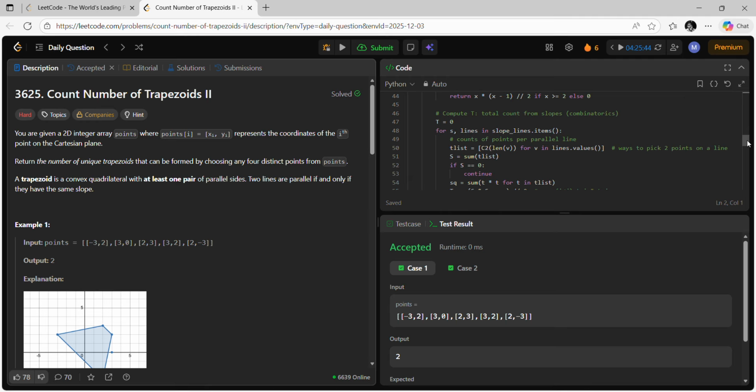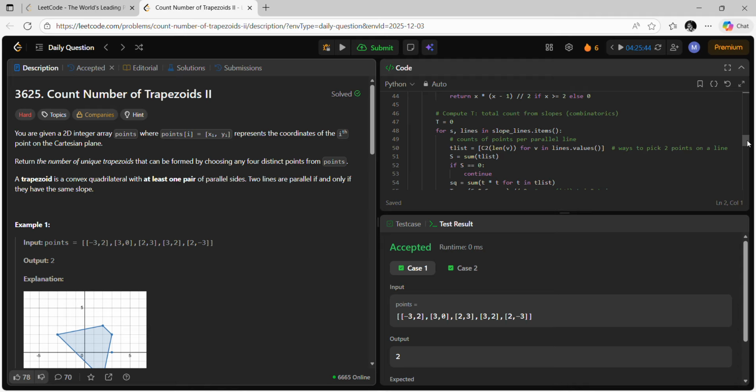Because for each slope, there are multiple distinct parallel lines, like different intercepts. So for each line with C points, the number of segments on that line is T equal to C choose 2. For two different lines with Ti and Tj segments, every pair of segments forms a quadrilateral with those opposite sides parallel.